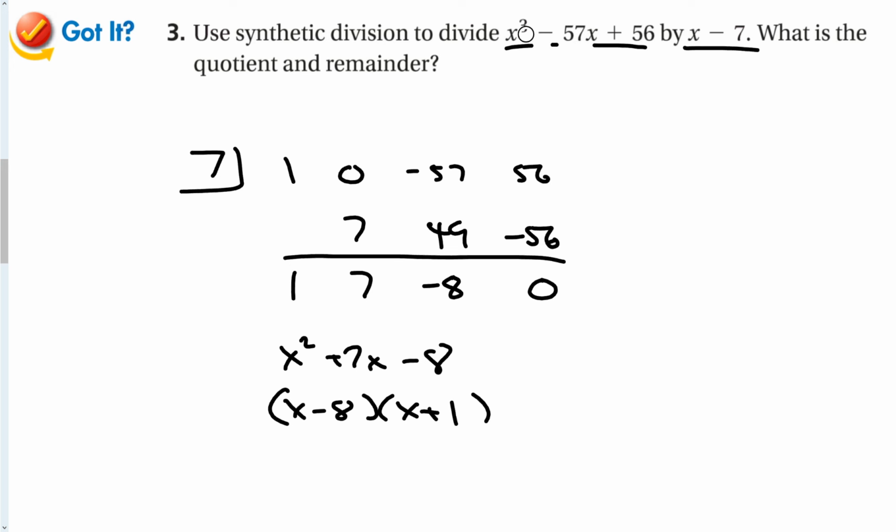That means that if I wanted to factor this whole expression, it would have been x minus 7 times x minus 8 times x plus 1. And I've now got all 3 factors and all 3 answers of this cubic trinomial. Very useful, coming soon.